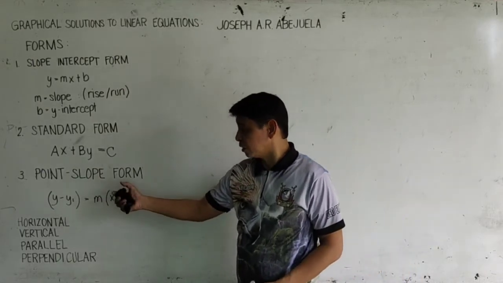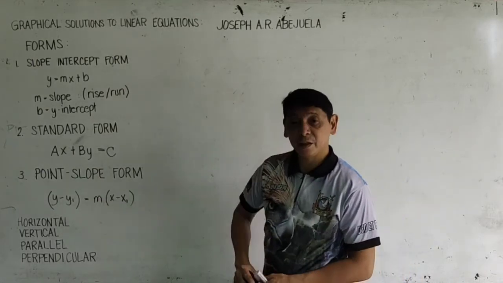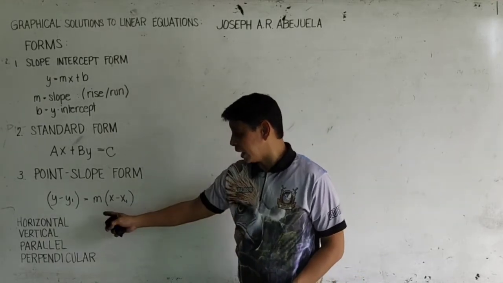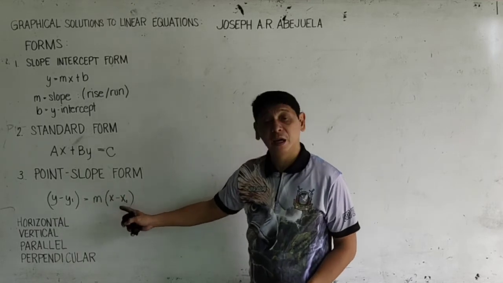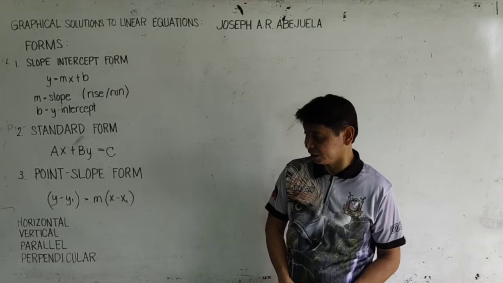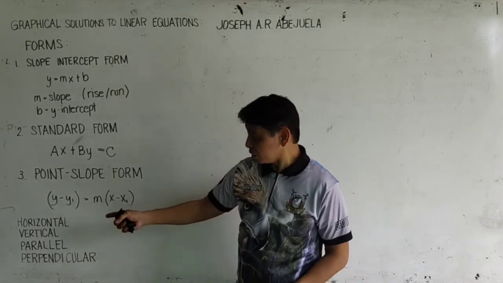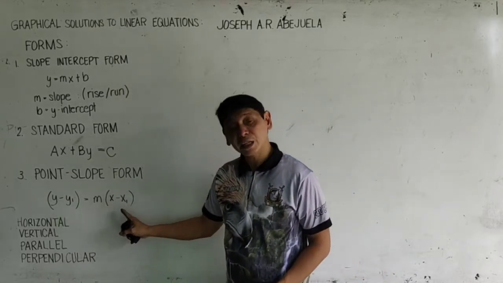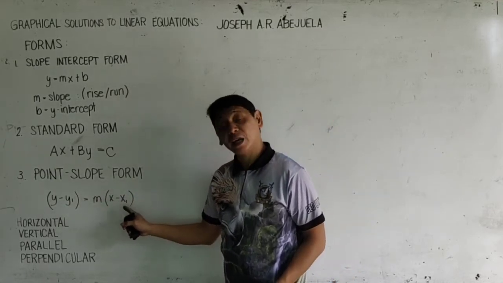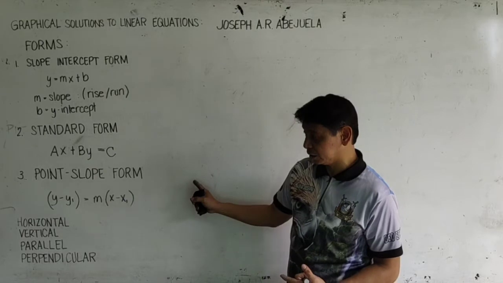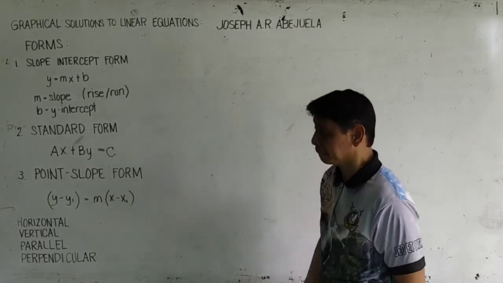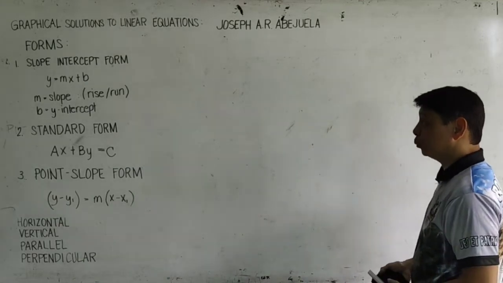And here, the point-slope form has the formula y minus y1 equals m multiplied by open parenthesis x minus x1 close parenthesis. So here y1 and x1 represent a point in the line with the slope of m.